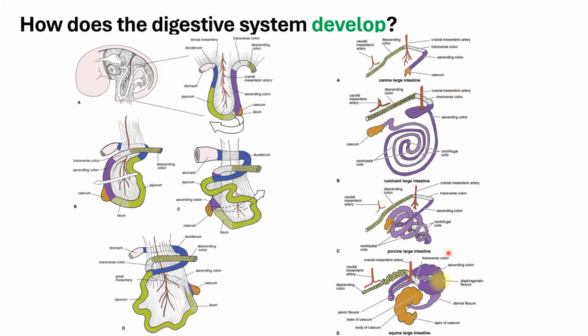And depending on the species, the different segments would develop differently and arrange themselves differently as well. So, for example, in carnivores, you would have technically a shorter length of GIT, and then in the ruminants, the intestines are spiral, and then in the pig, it's spiral as well, but a little bit more chandelier-like or forming a cone-like structure.